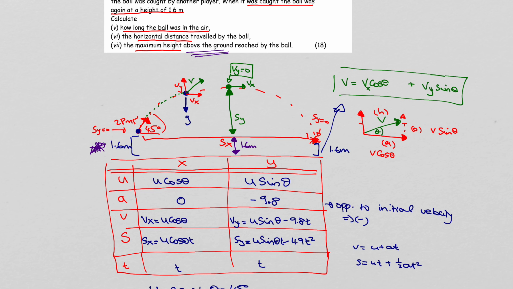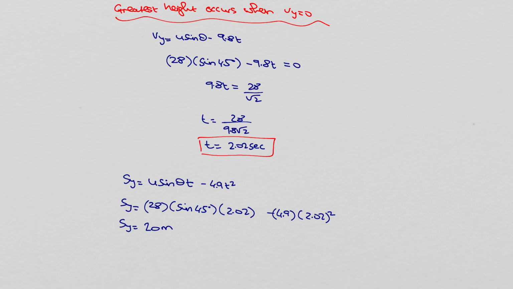So therefore the greatest height above the ground has to add on that 1.6. So in other words, the greatest height above the ground is 21.6 meters. And again, we had 3 marks for setting up our equation here and 3 marks for our answer. So of course we could have assumed the 2.02 from our previous answer.